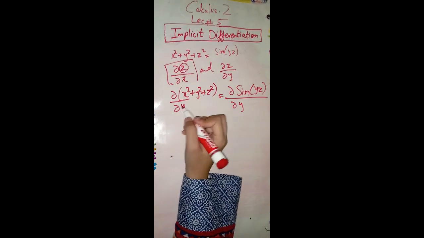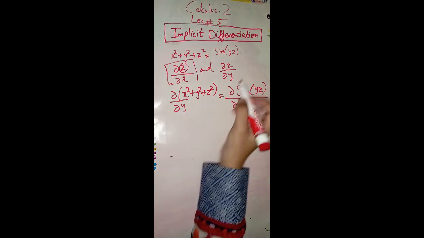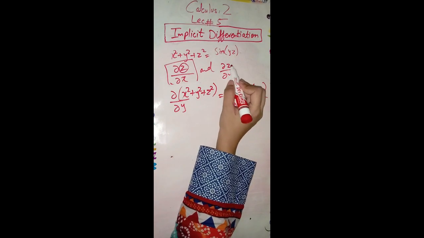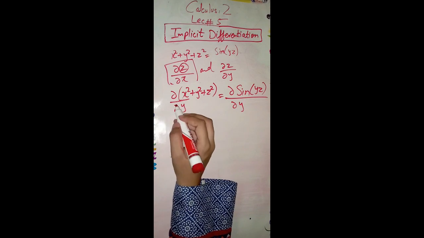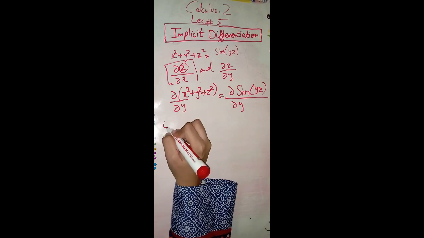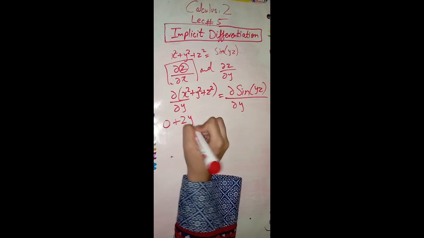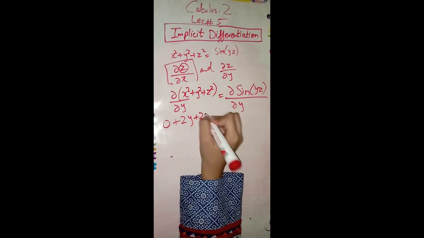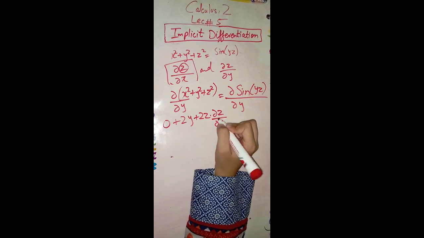Taking the derivative according to y, we have to take x as a constant, and we have to take the partial of z by partial of y, which means we will differentiate the z values. So partial of x square by partial of y will be 0, plus the derivative of y square is 2y, plus 2z partial of z by partial of y.